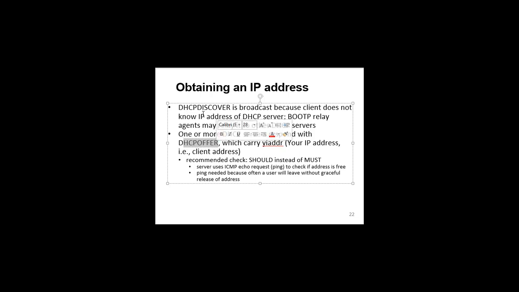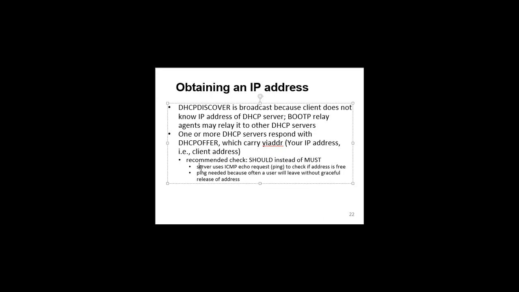You will broadcast your request in the DHCP discover, and you will receive your IP address from the DHCP offer. And this is a recommended check: you should, instead of must, you should. What do you have to do?